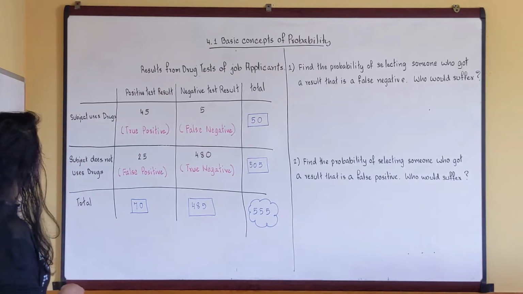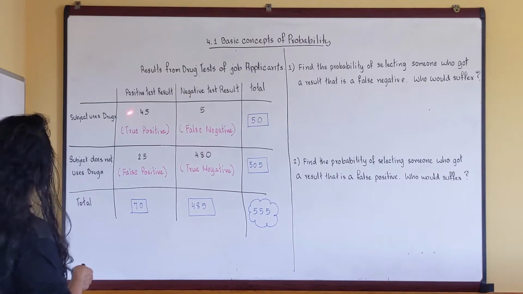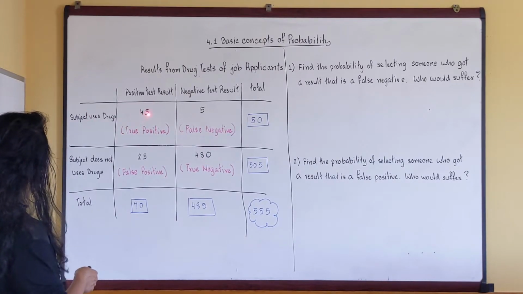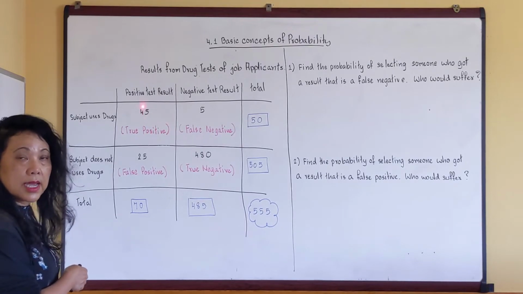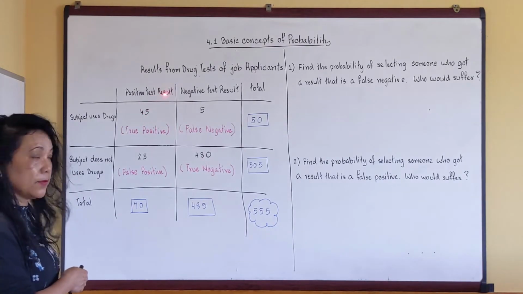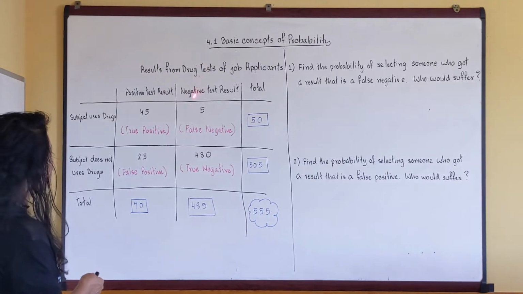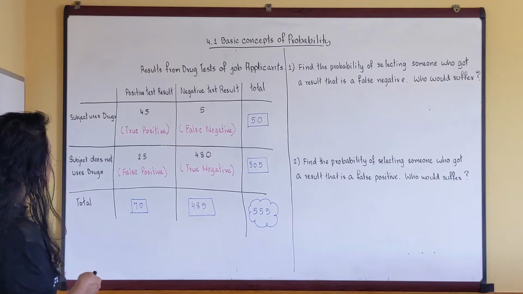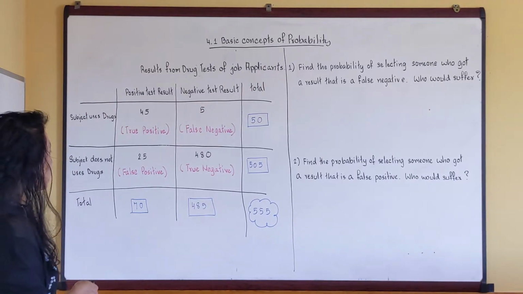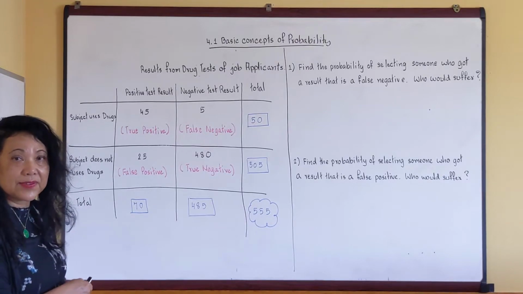But let's look at the meaning of each cell. The first cell here, subject used drug, so the test should come out positive. So this is a true positive. Now the second cell represents subject used drug, but the test comes out negative. So that is a false negative, right?